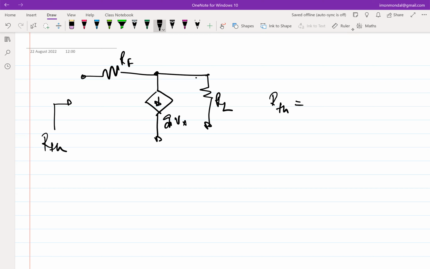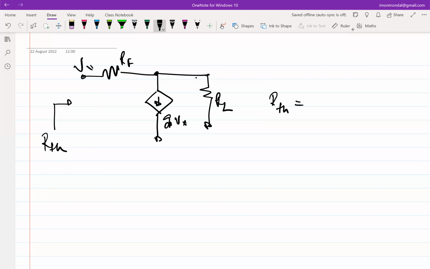This cannot be 1 over GM. If you have RL, it cannot be 1 over GM, right? So what was it? You don't remember? Work it out. I presume you must have done the home assignment, right? Oh, yeah, so I removed it, right?